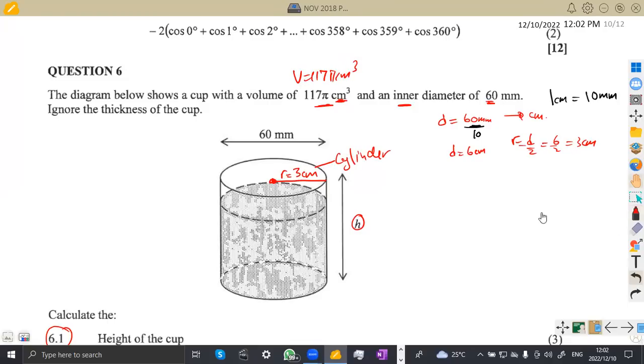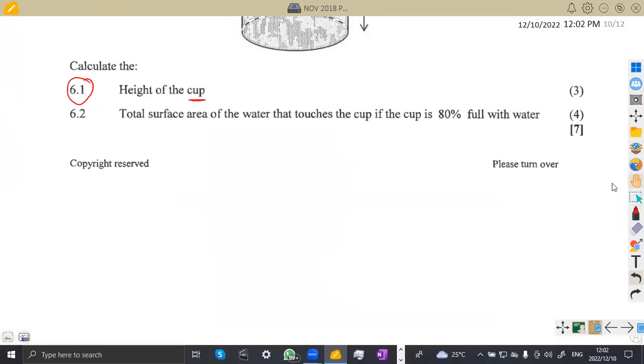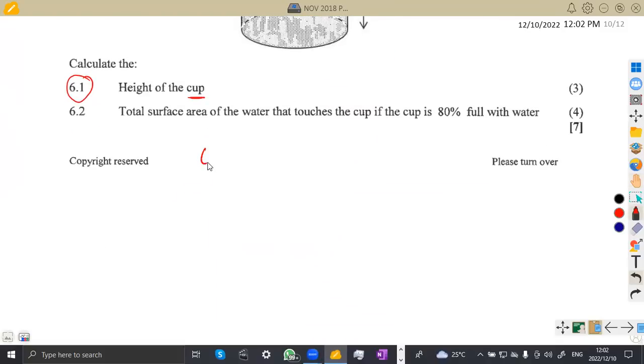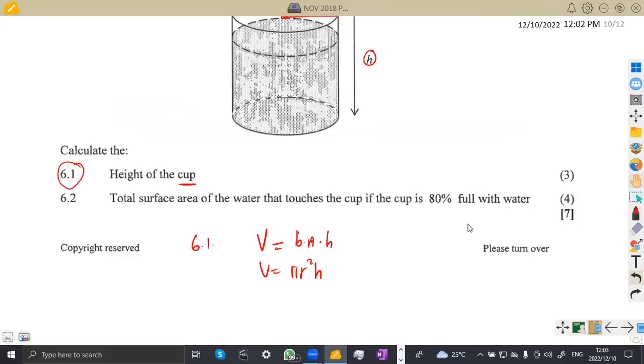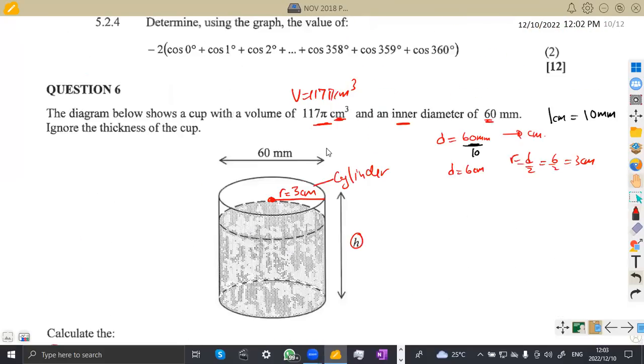We can play around with the volume because we know the formula. Remember we said this is a cylinder. So the volume of a cylinder is the base area times the height, which is pi r squared, the base area referring to a circle, times the height h. The volume is there, so all you need is to find h. So you can substitute the values.